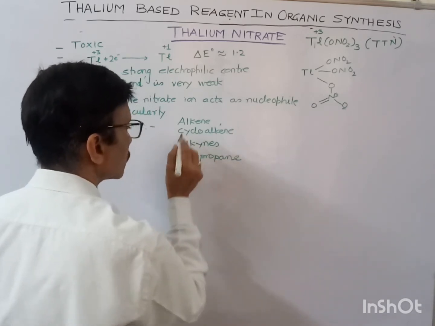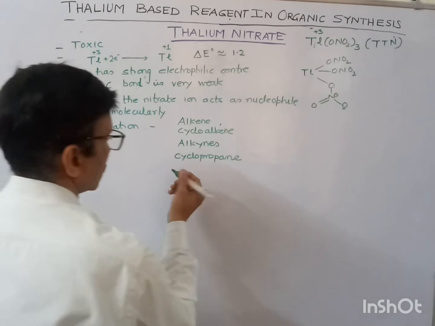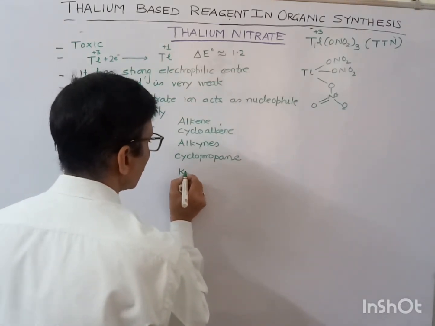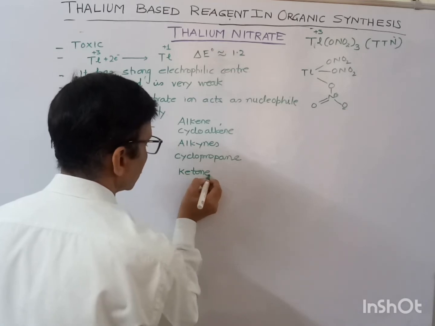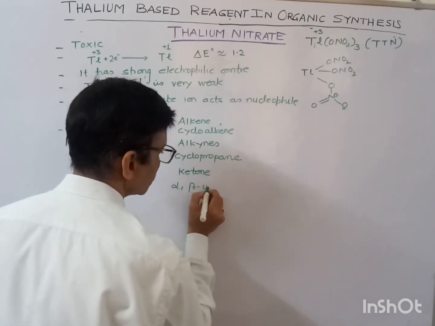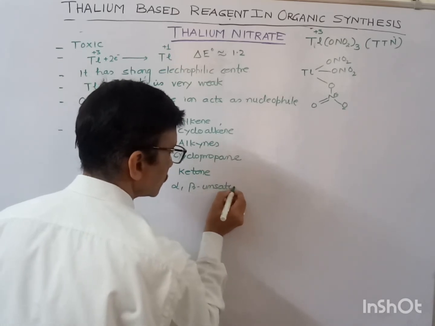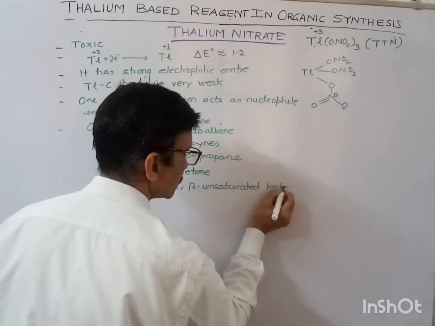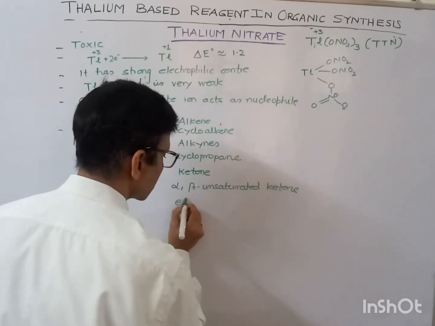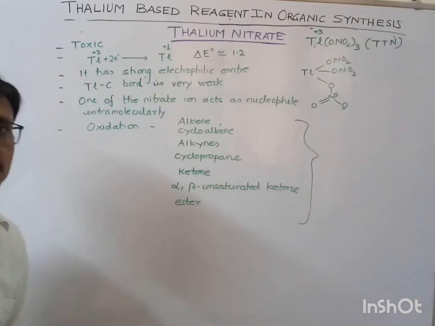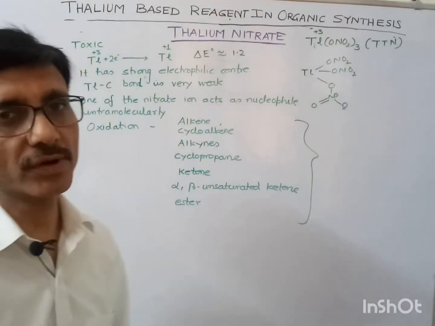Then we can do the oxidation of ketones, then alpha beta unsaturated ketones, esters, like this. So you will see the oxidation of these and their mechanisms one by one.